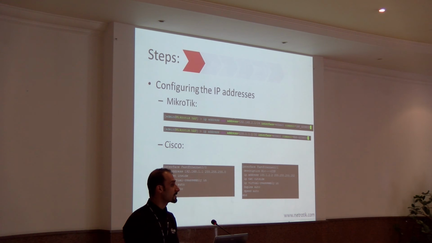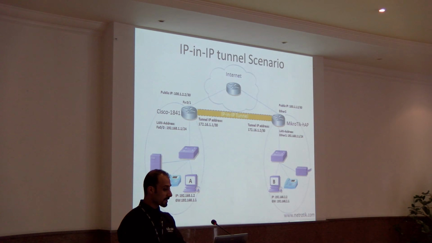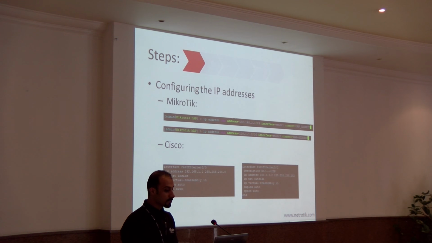You need to set the IP address to be the gateway for the local network on, for example, Ethernet 1, and then you need to set the WAN address to connect to the public network, to the internet.